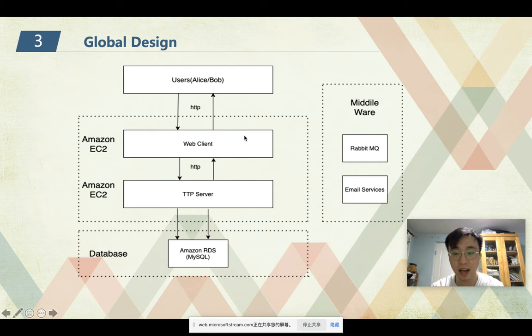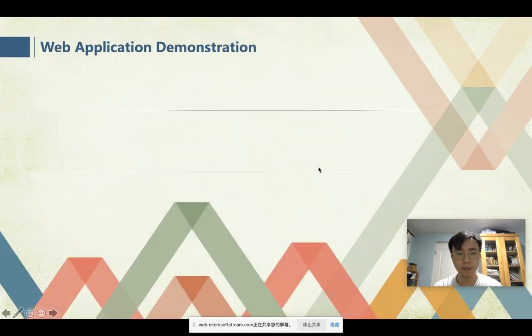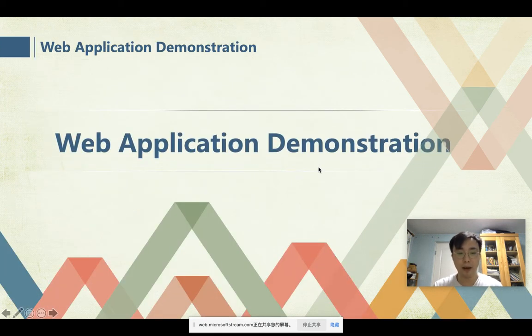When Alice sends a file to Bob, the email service will send an email to Bob to notify him that he has received a file. You can log into the system to accept this file, and so on. So this is the whole architecture of our system. And in the next step, I will give a small demonstration of how to use this application.